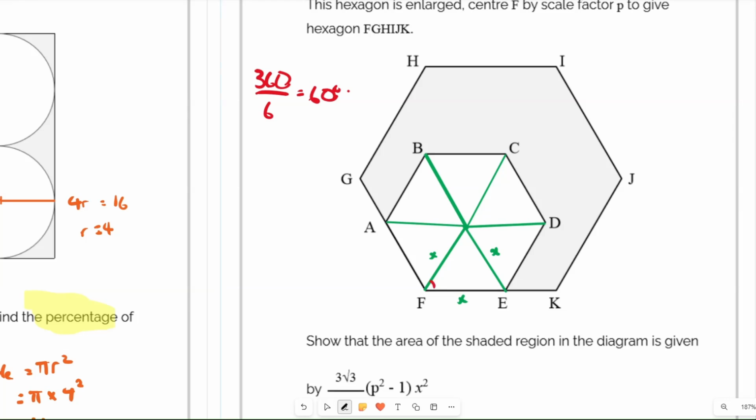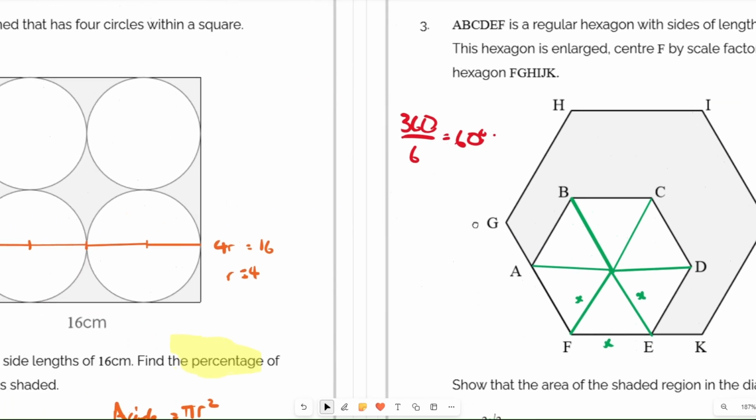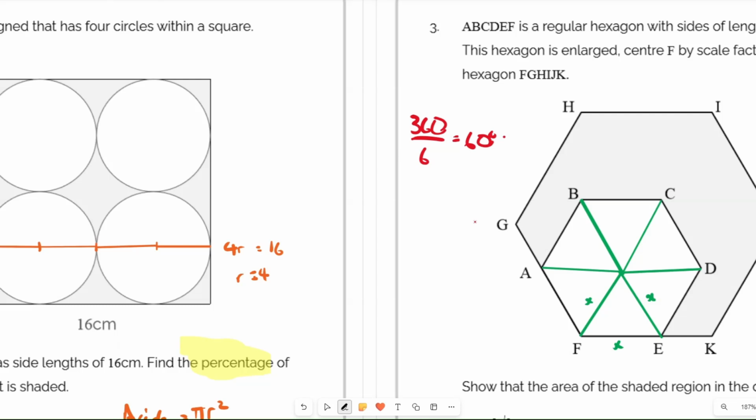So how can we work out this angle? We know that this line splits it exactly in half, right? So we can say the interior angle in a regular hexagon is 180(n minus 2) over n, which is 180 times 4 over 6, which is 120. And since we divide it by 2, we get 60 degrees, and that's going to be the same here, here, here.